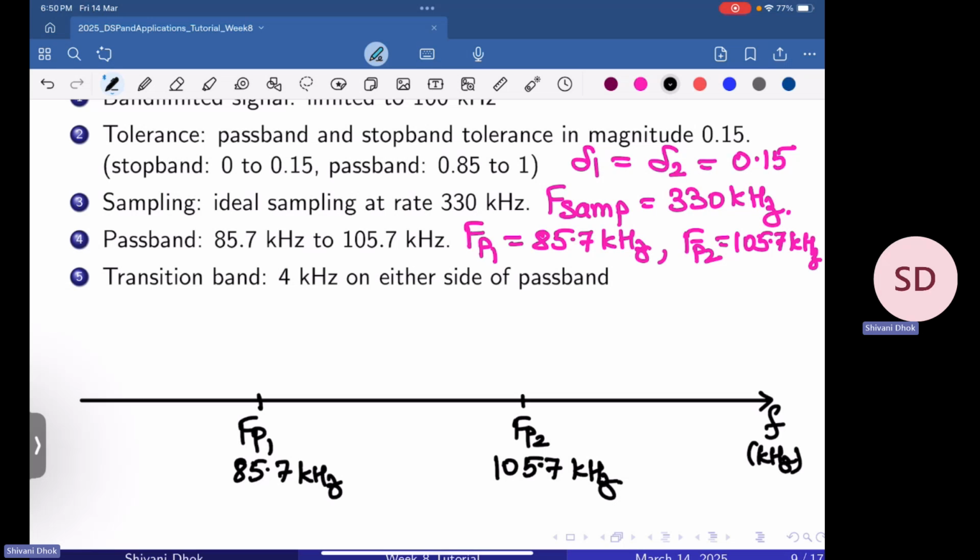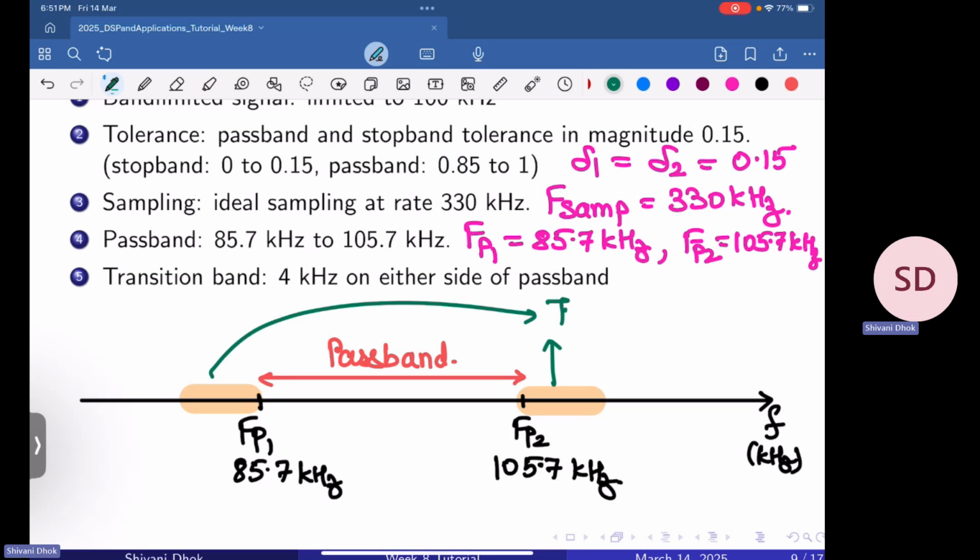Then it is said that the transition band is 4 kilohertz on either side of the pass band. So this region is basically our pass band, and we have a transition band of 4 kilohertz on either side. These are the transition bands.